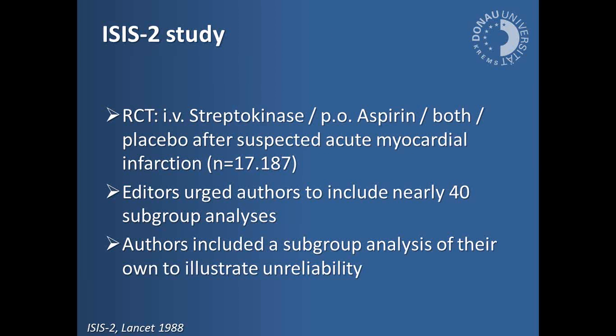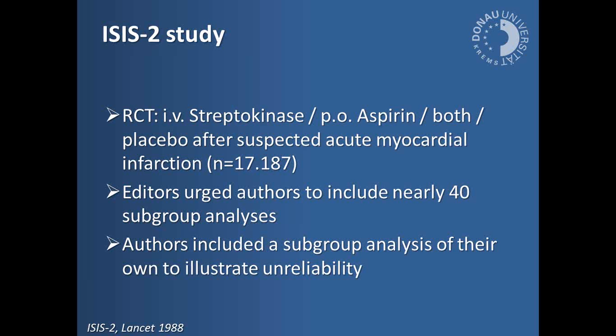This is a prominent example: the International Study of Infarct Survival, published in the Lancet in 1988. It's an RCT. The population was patients with suspected acute myocardial infarction, and the treatments were streptokinase, aspirin, both treatments, or placebo.